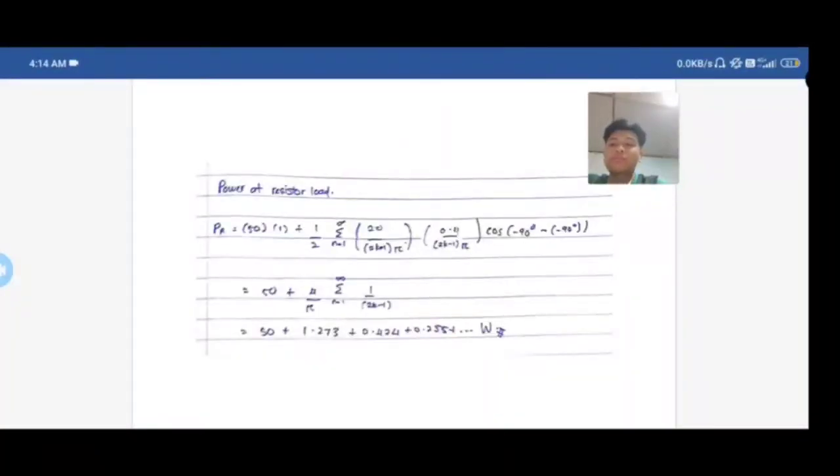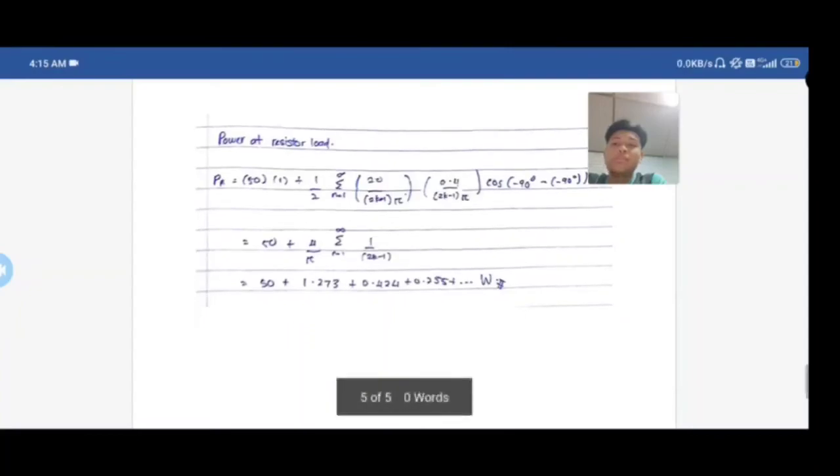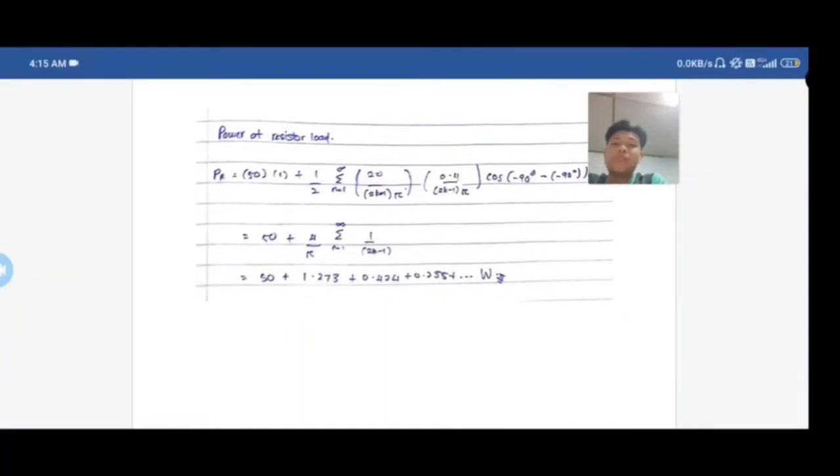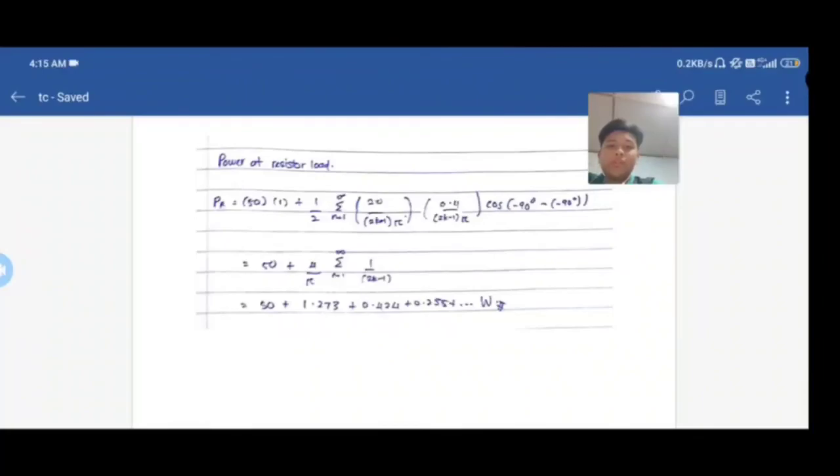So the power at one load: we use the formula to calculate the power at the resistor load. So for the resistor load it is 15 volt, bracket 1 plus 1 over 2, 20 divided by 2k minus 1 pi, and then multiply by 0.4 over 2k minus 1 pi, and then cos in bracket negative 90 degree minus negative 90 degree.